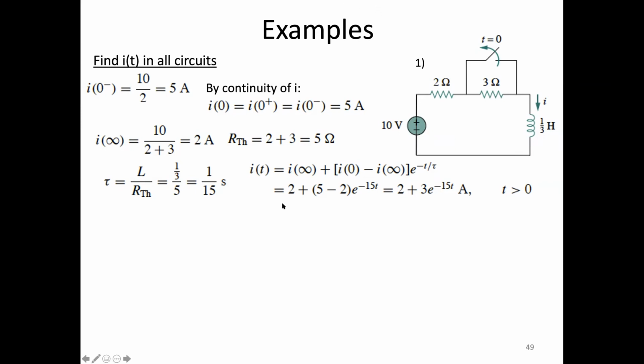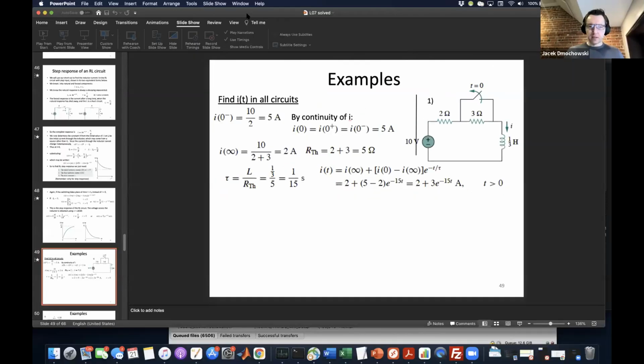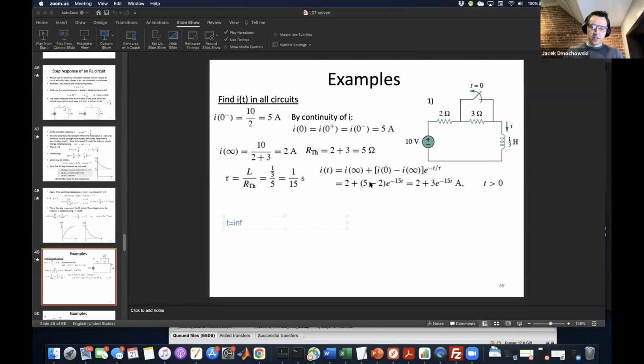Yeah, so when time goes to infinity, then the battery is still there, right? And the 2 ohm is still there, and this switch is in the open position, right?